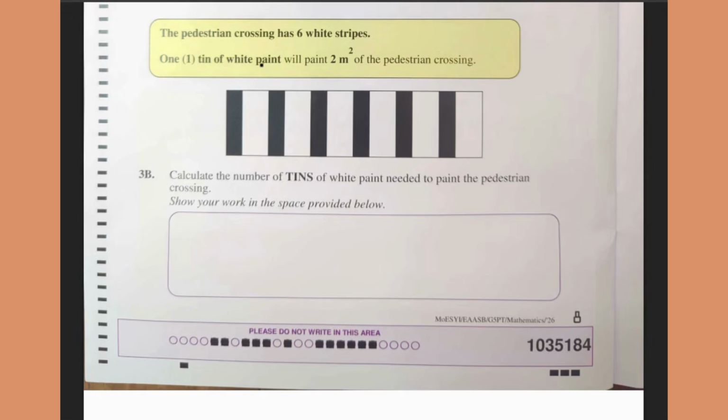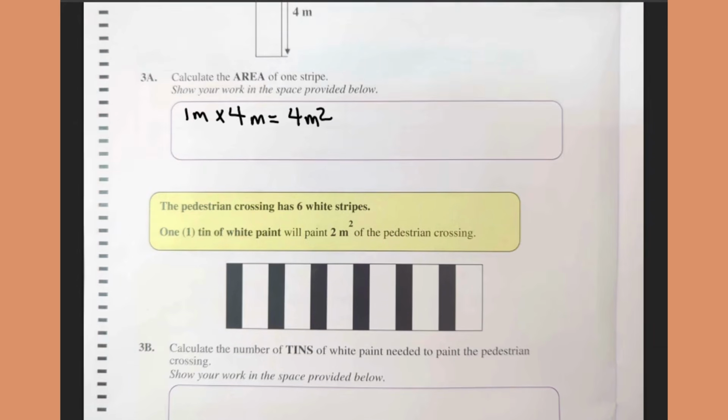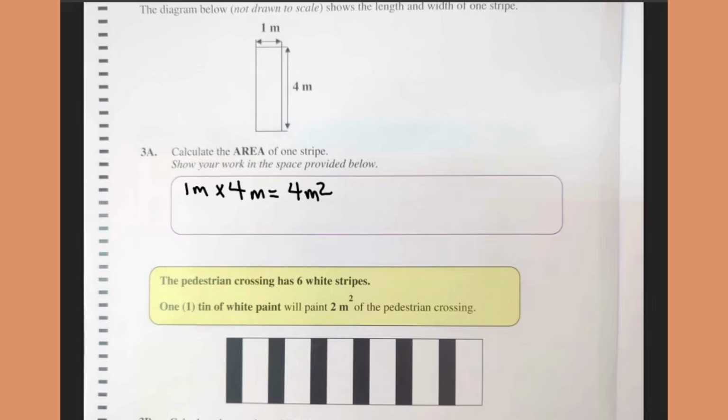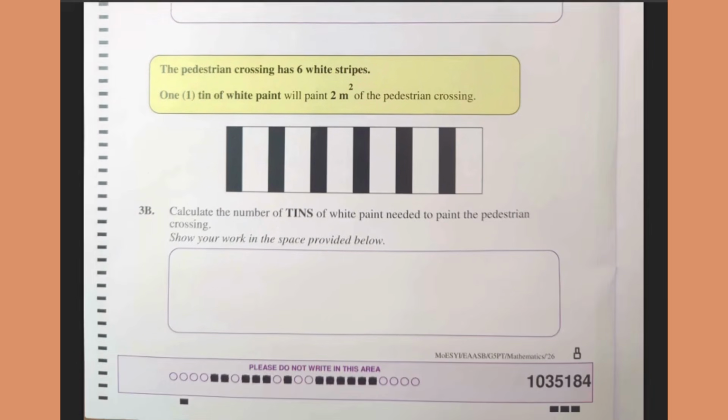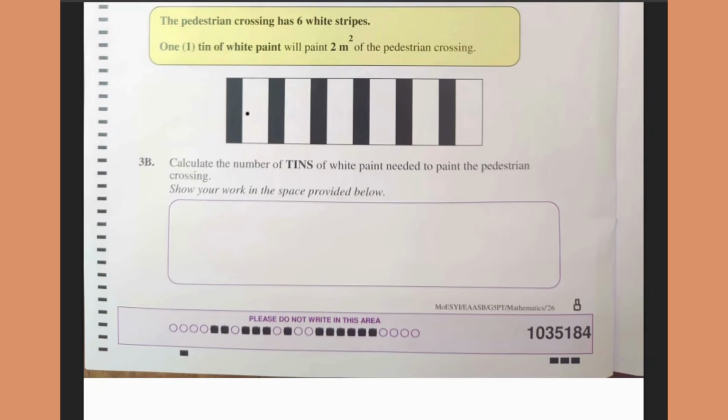So, if the area of one is 4 meters squared and the paint can only paint 2 meters square, it means that 1 tin is going to paint here, then we have 2, then we have 3, and then 4, and 5, and 6, and so on. So what we're essentially doing is to multiply 2 meters square by the 6 stripes.